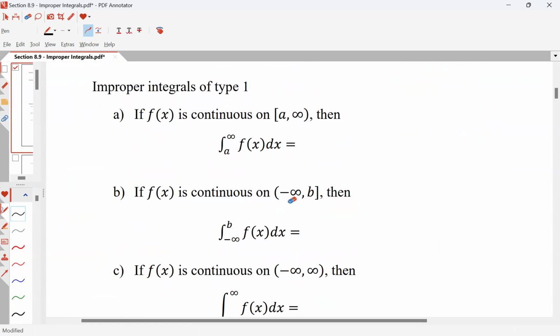In these cases, how we handle these integrals is we look at the limit of that infinity bound. We can evaluate these integrals just as normal and then take the limit, and either we'll get an undefined limit or a limit of infinity, or we'll get a number.